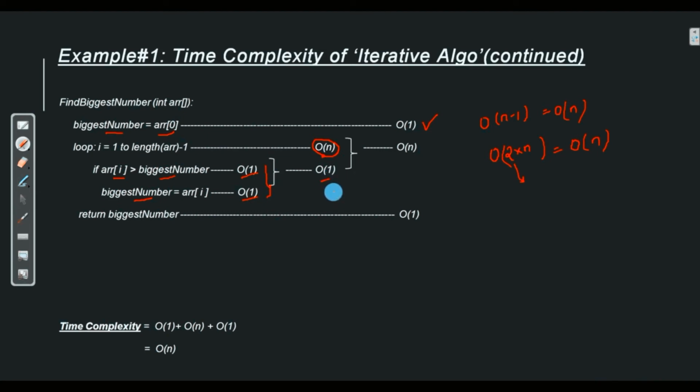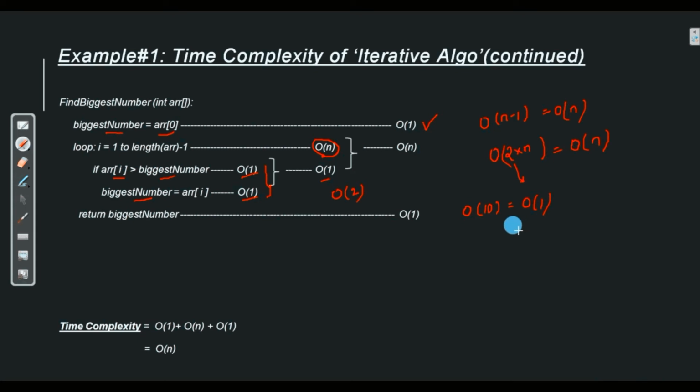Now you might say it will be order of 2 because it is order of 1 plus order of 1. But again the rules remain the same. If we have a constant value, we can always put it as 1. What that means is if we have order of, let's say, 20 or 10, we can say it as order of 1.